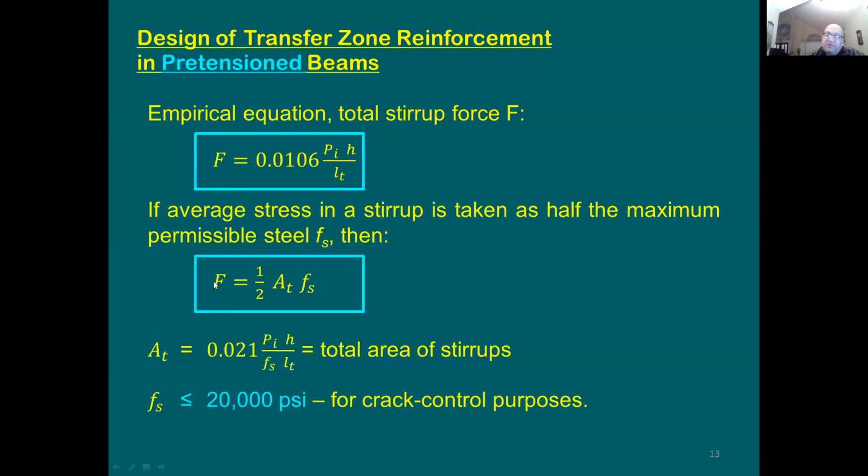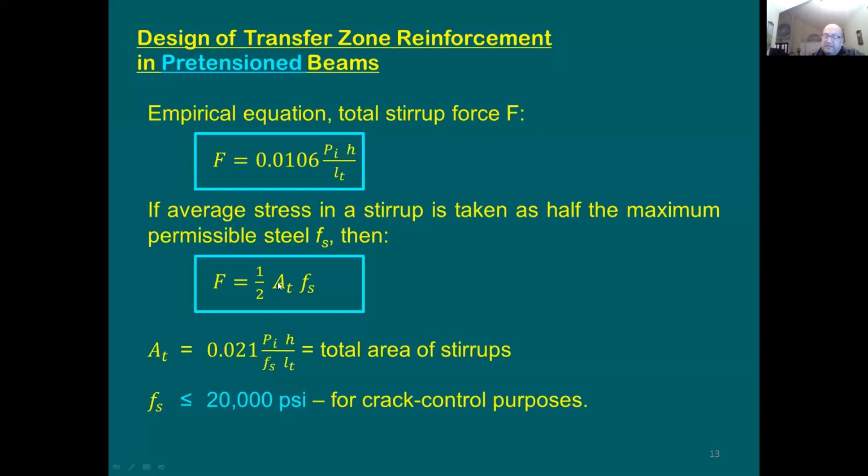Now, the same force here, you need to take it by the stirrups and the ties that you provide in the vertical direction. Meaning, this force is going to be equal to the cross-section area of the ties when you cut a section, like the horizontal section through the beam. Let's say that you have one tie with 2 legs.